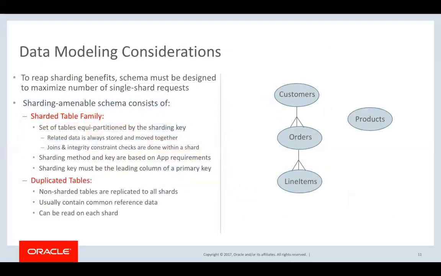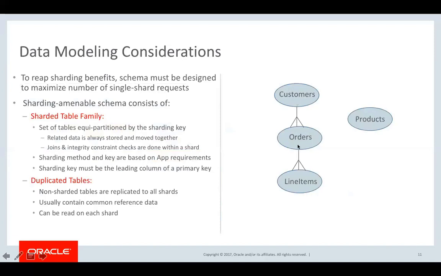The important thing, I took an example here, a customer's table family. There's a customer's root table, orders, a child, and the line items is a grandchild table, and there's a products table. The important thing to consider is for you to be successful with sharding, you want to have a structure which looks like this, that is equipartitionable.